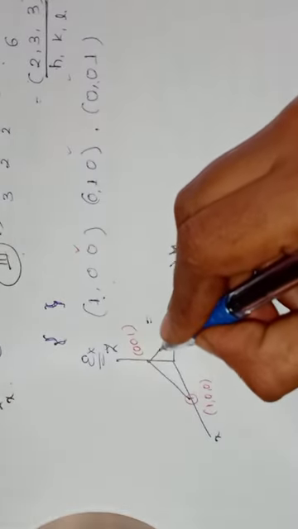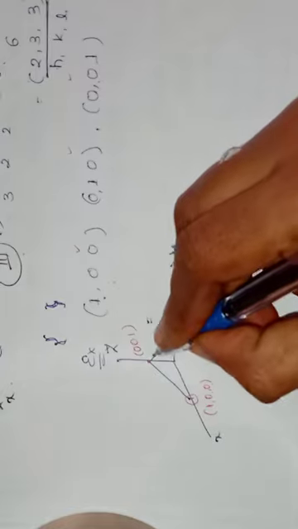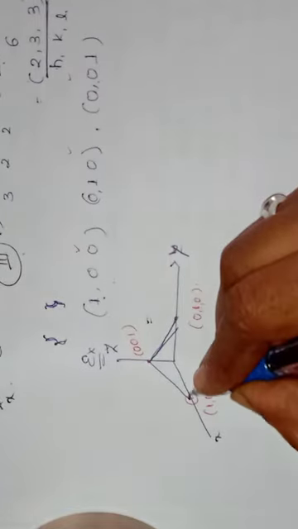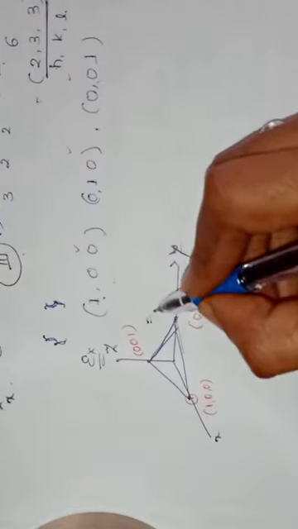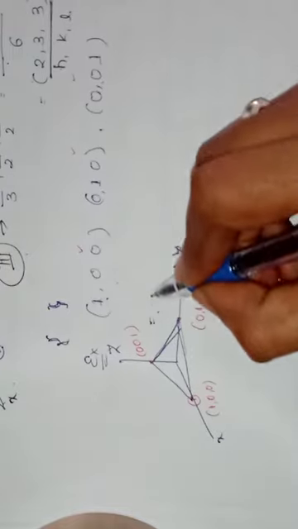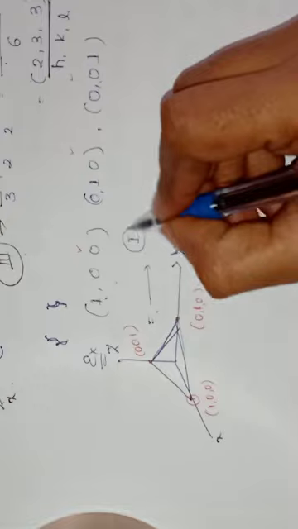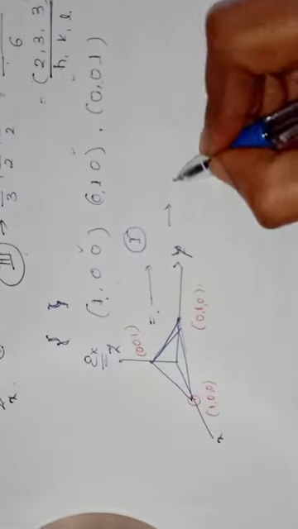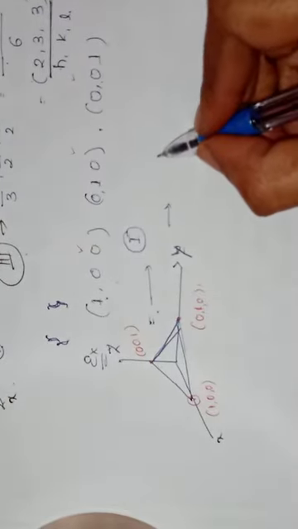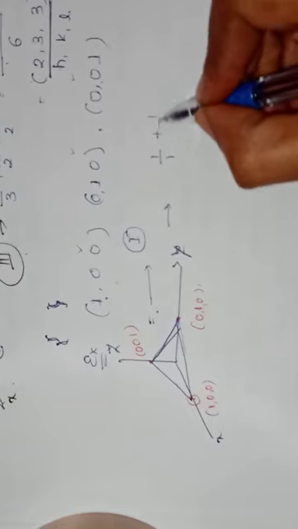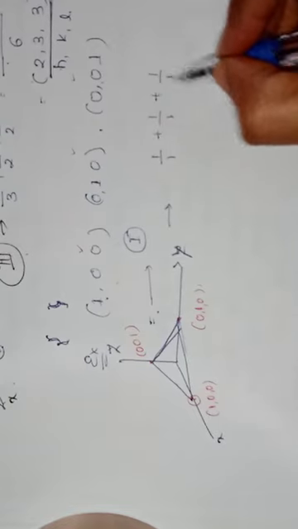So we have to make this as a plane. Then we have to join this. We got here the intercepting planes of x, y, z. This is the first step. Okay. The second step is reciprocal. 1 by 1, 1 by 1, 1 by 1.